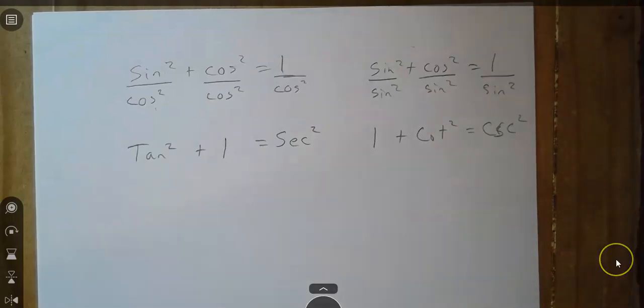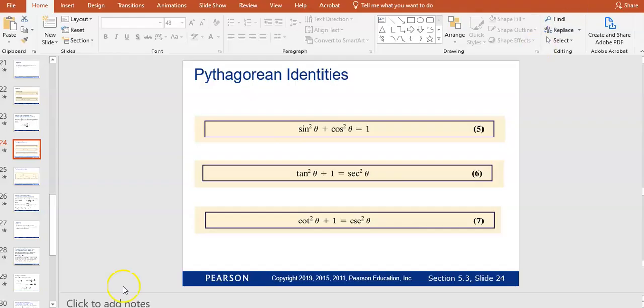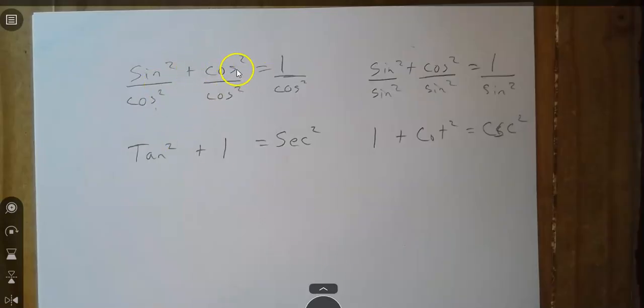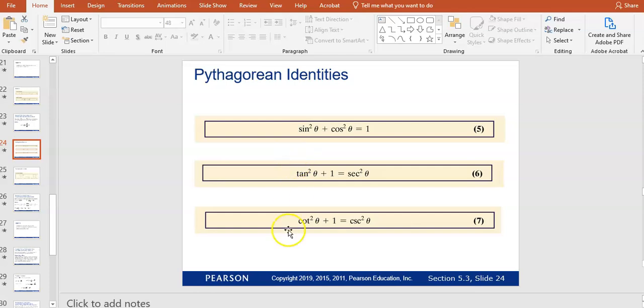So that is our two other Pythagorean identities. Don't think that you have to memorize those. You can just work those out and realize it's all the Pythagorean identity, either divided all by cosine or divided all by sine, because we will use these.